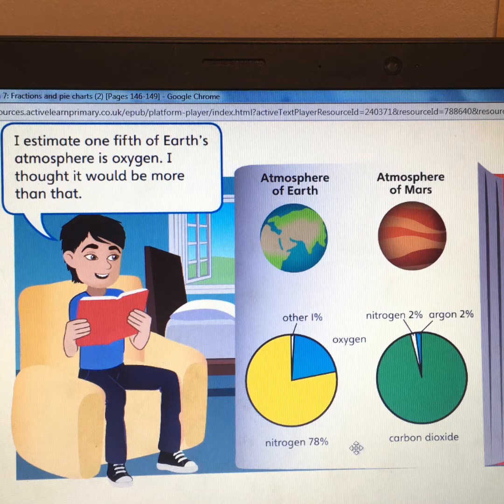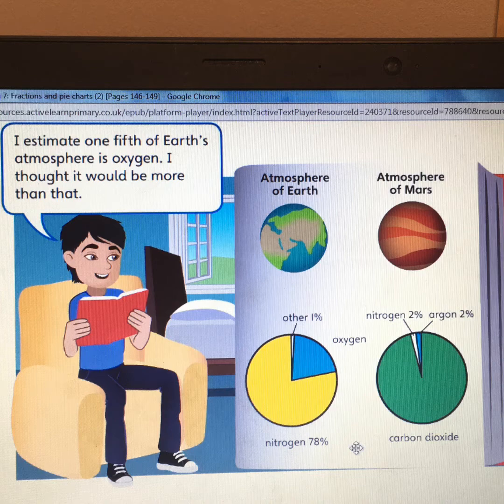What fraction of the atmosphere of Mars is nitrogen, argon, and carbon dioxide? So really, what that's asking you is, what fraction of the atmosphere is carbon dioxide?